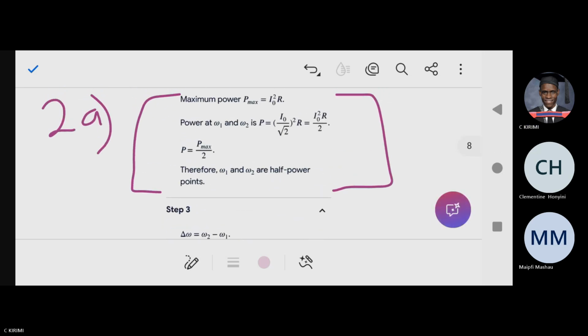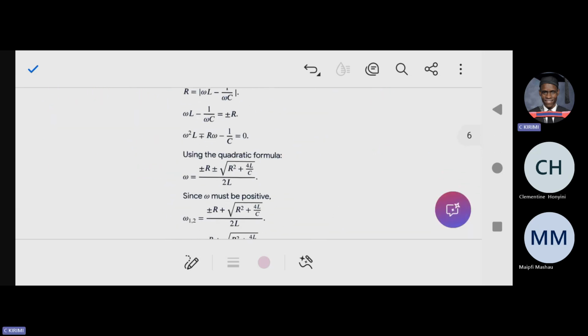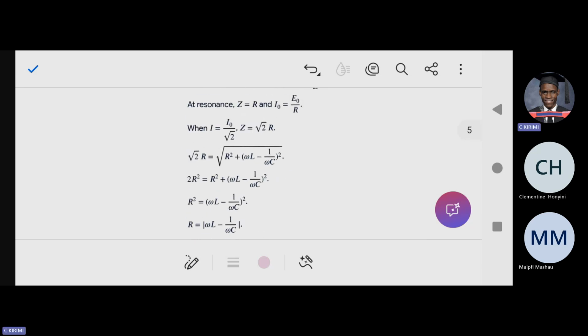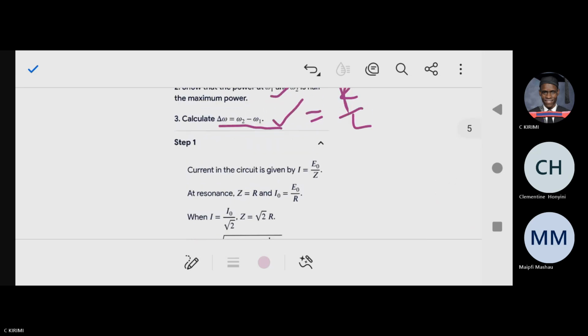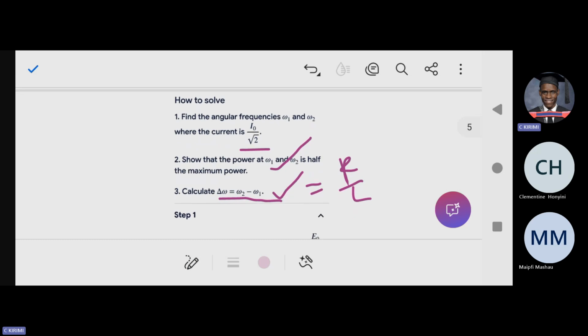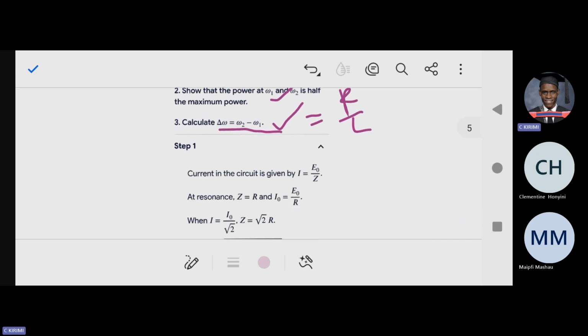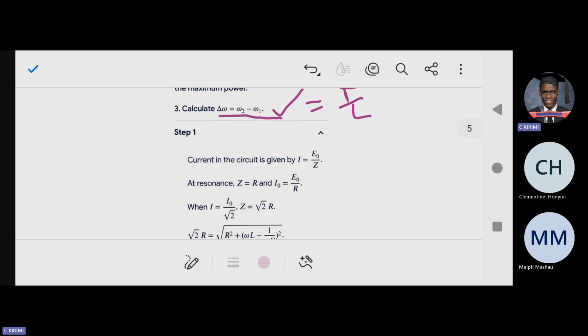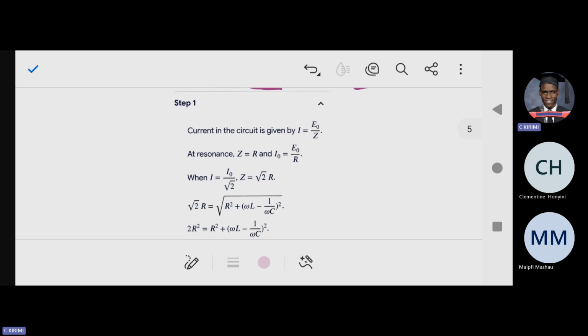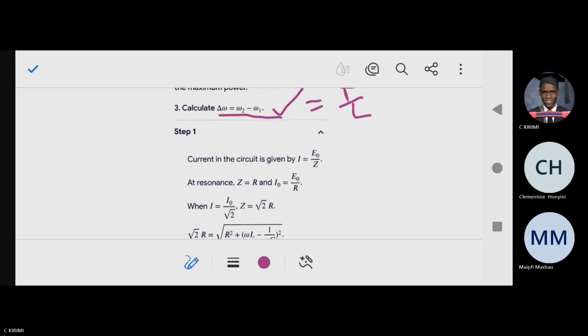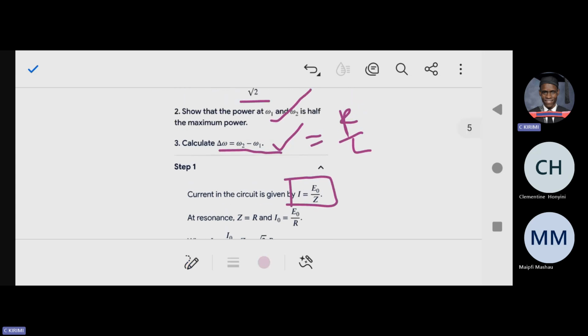So W1 is coming from here, where we are supposed to solve for the angular frequencies W1, W2 using this formula. We start here. Current is given in the circuit by I equals E naught over the impedance Z. Where is the impedance Z coming from?